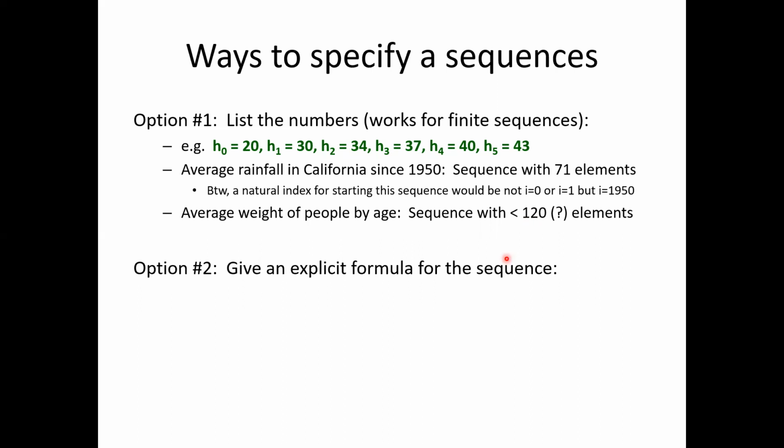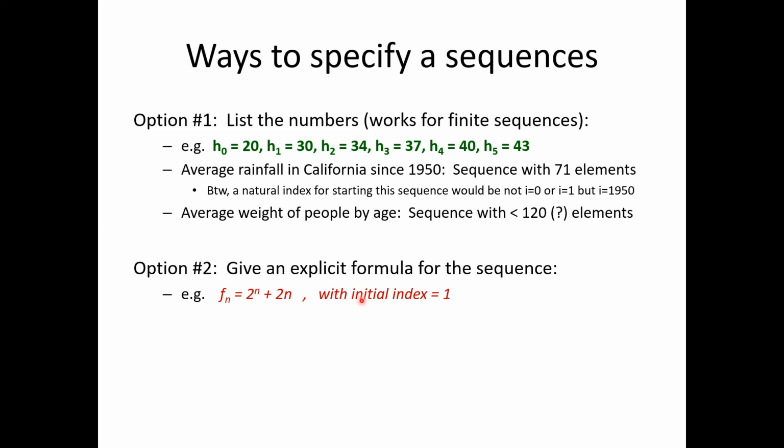Option 2. We can also give an explicit formula for the sequence because a sequence is a function. So, for example, here is a closed formula. The nth term f_n of the sequence f is defined as 2 to the n plus 2 times n.